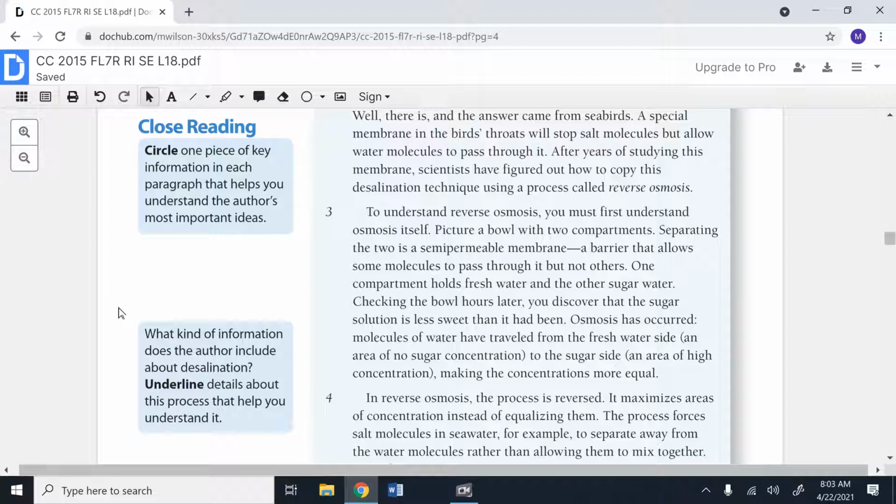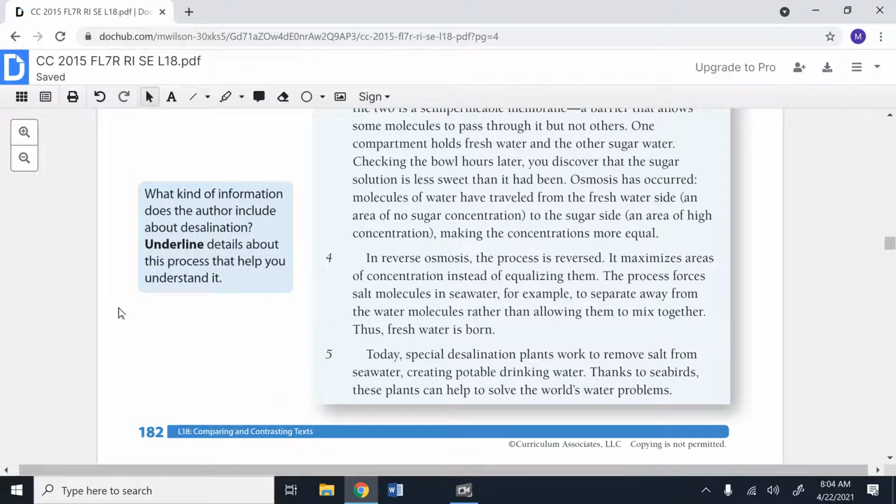One compartment holds fresh water and the other sugar water. Checking the bowl hours later, you discover that the sugar solution is less sweet than it has been. Osmosis has occurred. Molecules of water have traveled from the freshwater side, an area of no sugar concentration, to the sugar side, an area of high concentration, making the concentrations more equal. In reverse osmosis, the process is reversed.